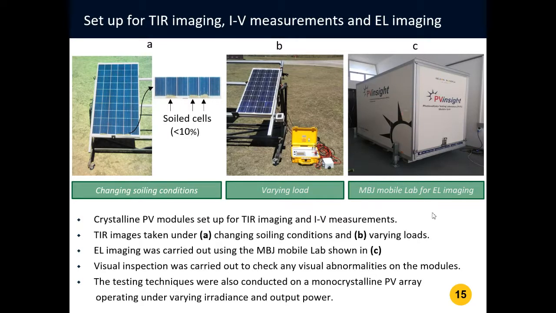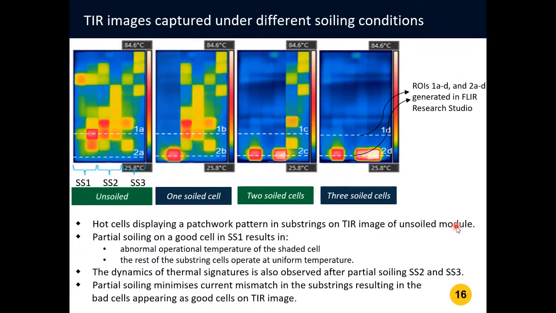And the testing techniques were also applied on a monocrystalline array that was operating under varying irradiance and output power. In the next slides I will show the TIR images that were captured under different operational conditions.